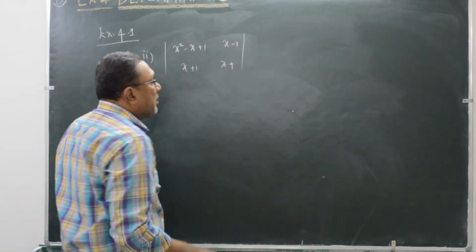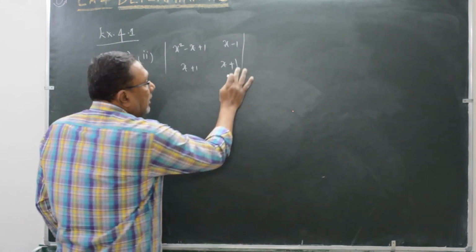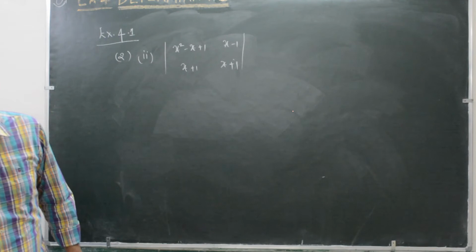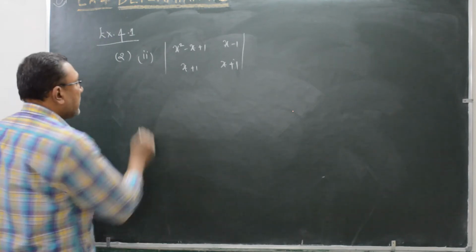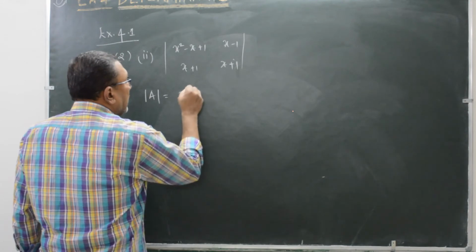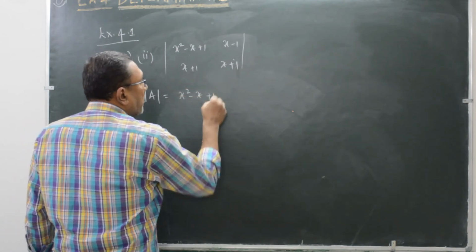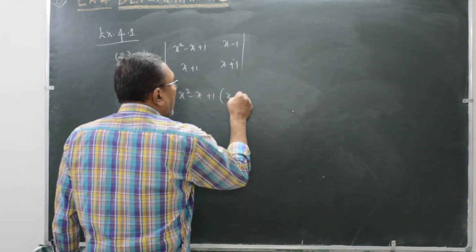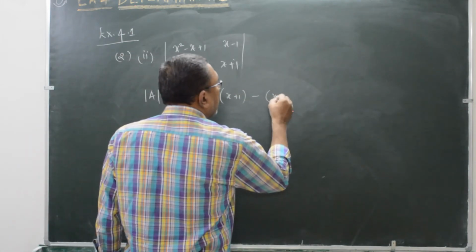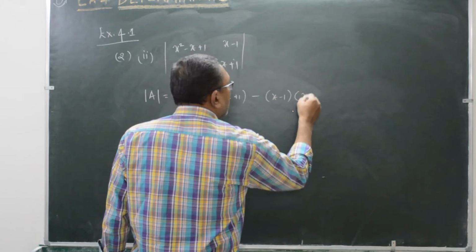Always remember, you should get only a unique number. So the determinant of A is x square minus x plus 1 multiplied by x plus 1, and then minus x minus 1 into x plus 1.